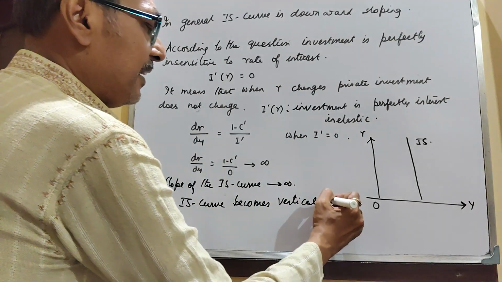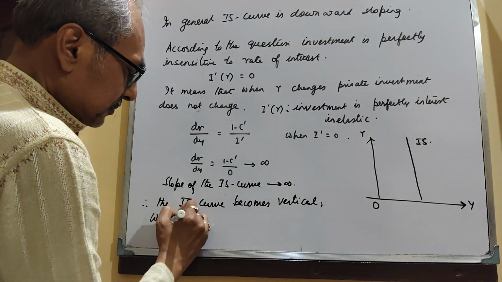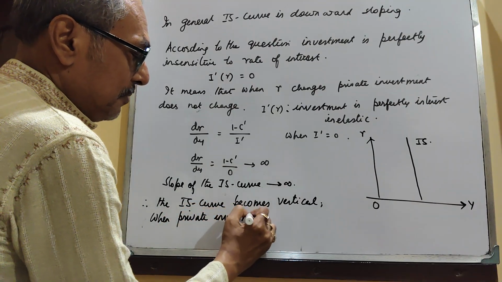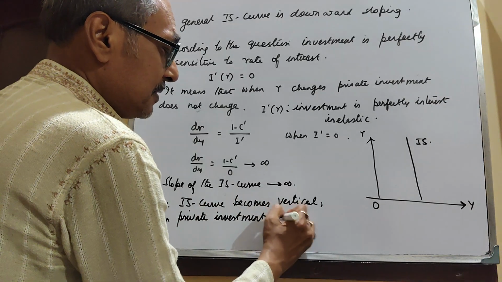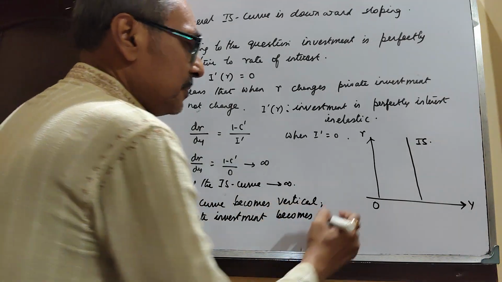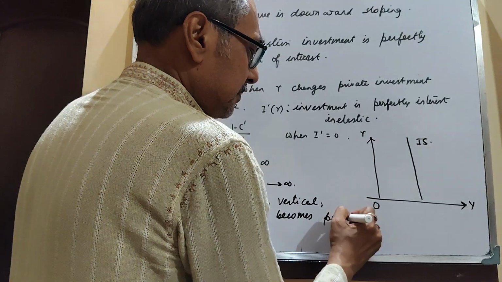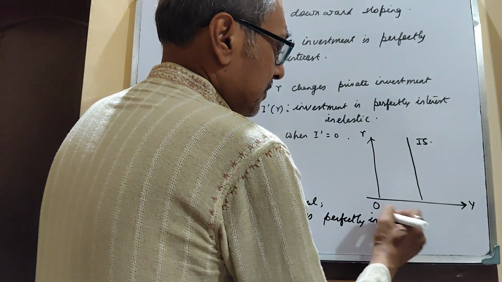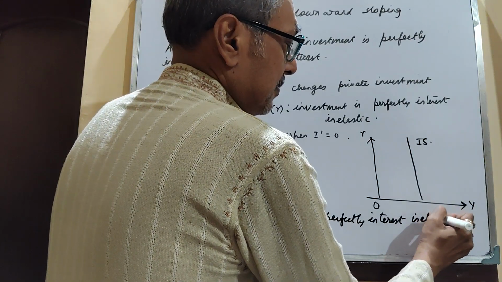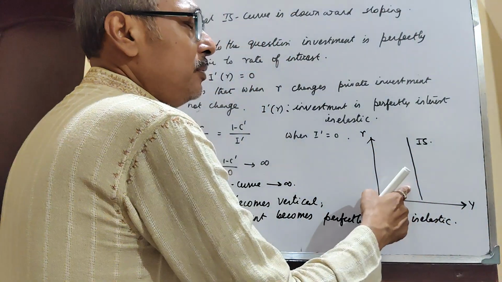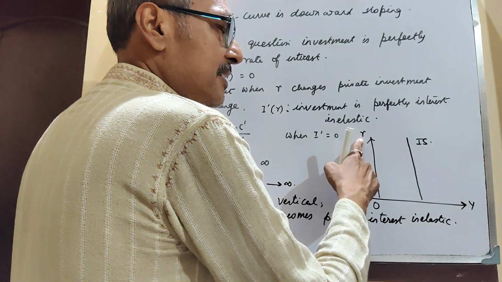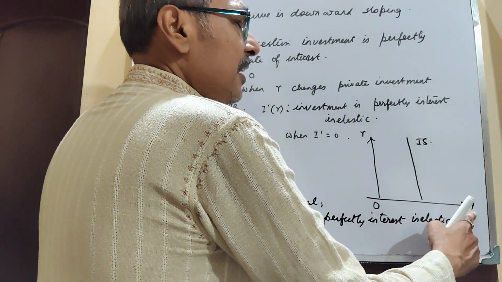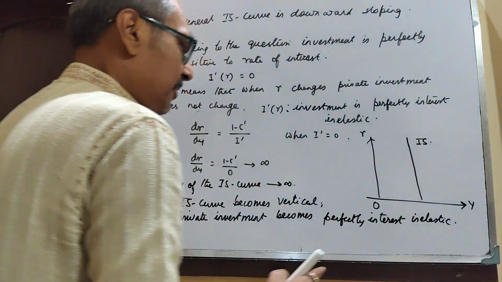The IS curve becomes vertical when private investment becomes perfectly interest inelastic. And the curve is shown by this diagram. On the vertical axis, we are measuring the real rate of interest, on the horizontal axis income, and the IS curve is vertical.